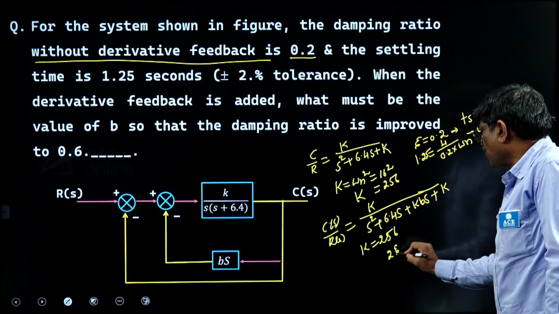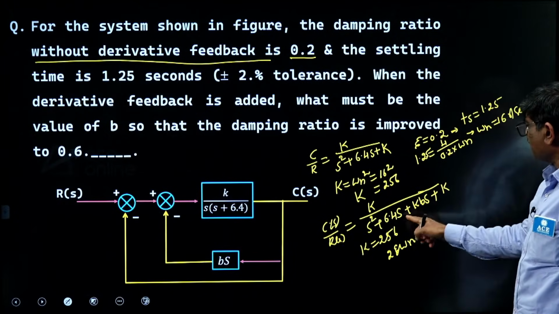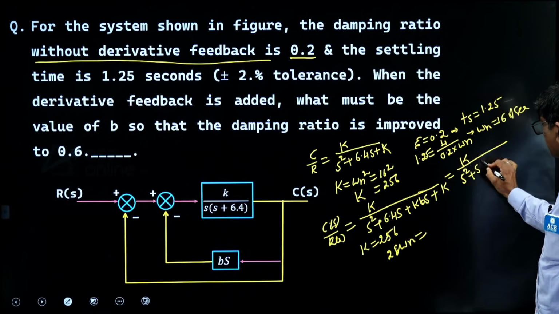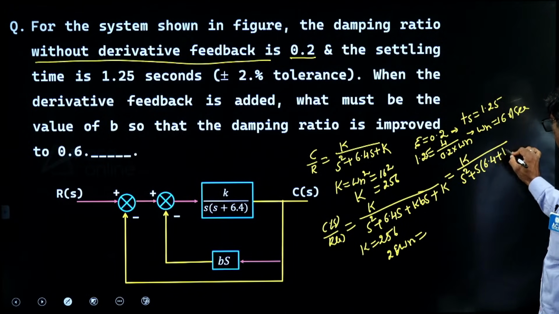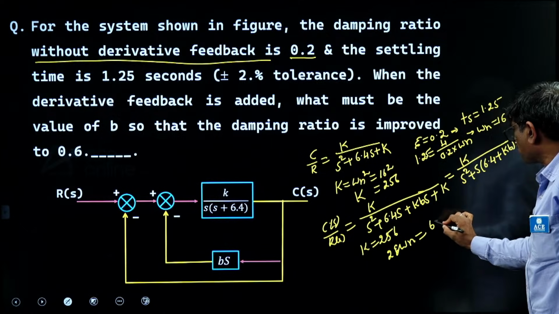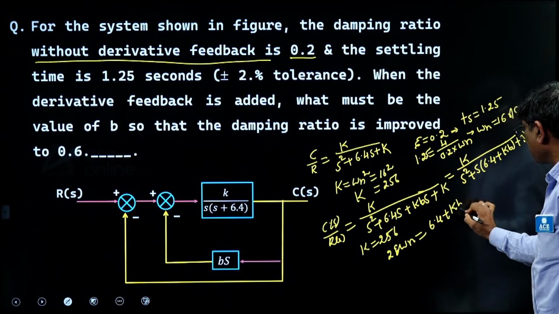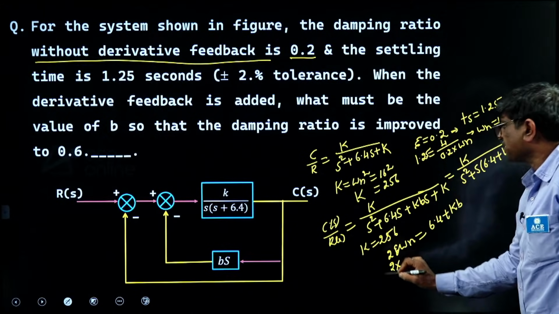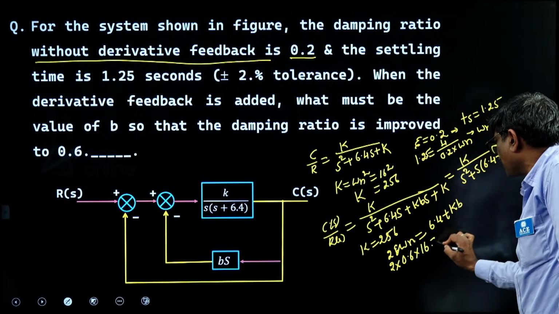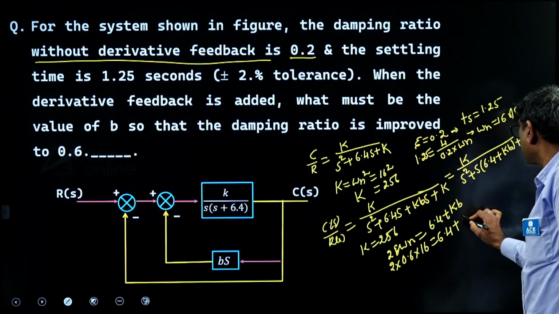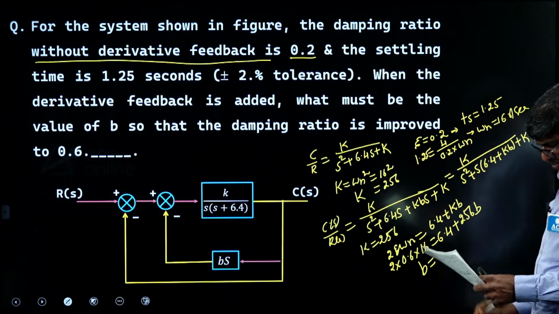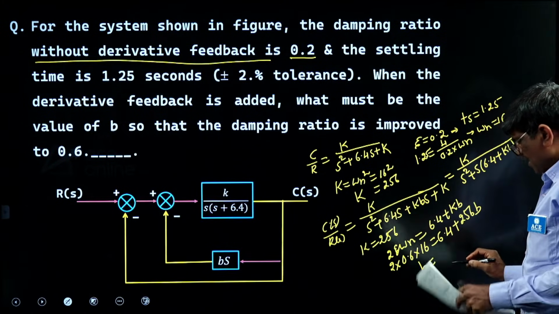This can be written as K by S square plus S times (6.4 plus KB) plus K. Now substitute here 2 into zeta, how much I required? 0.6. Omega n how much? 16 equal to 6.4 plus 256 into B. Solve for B, you will get 0.05.